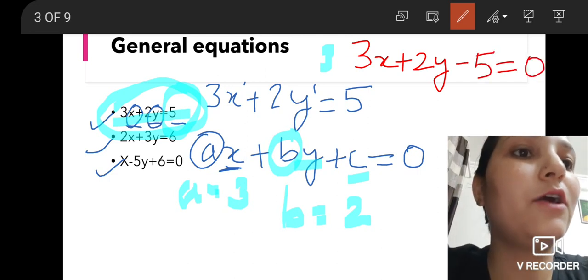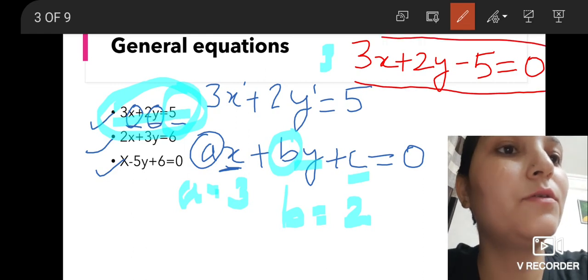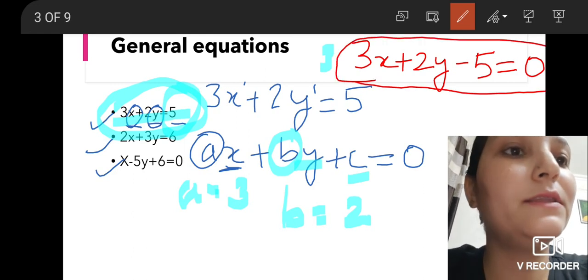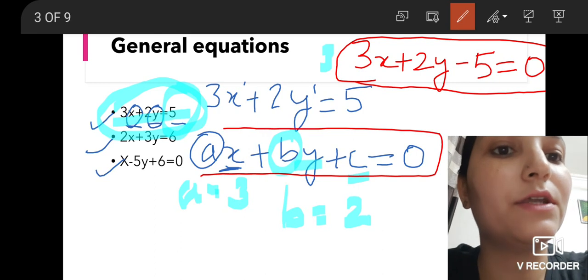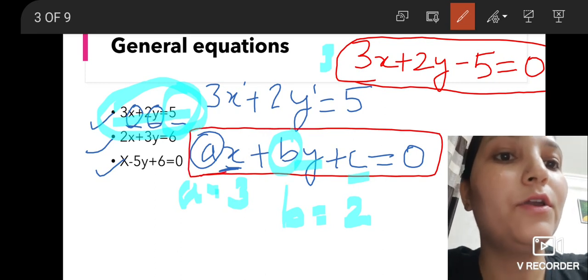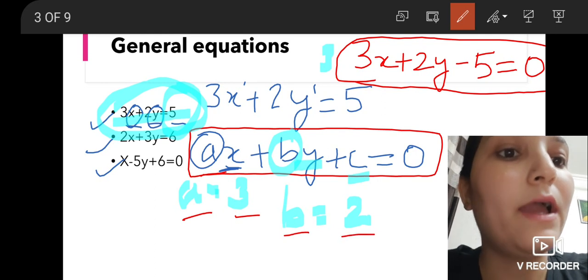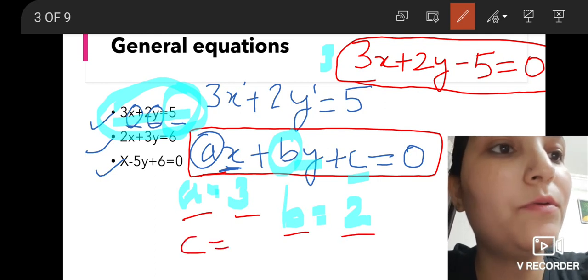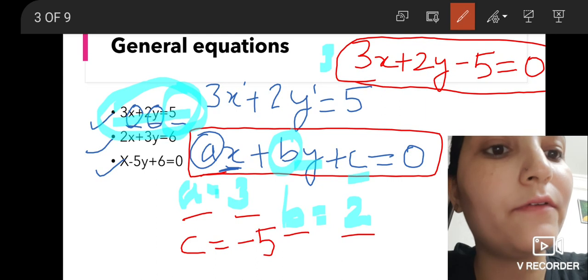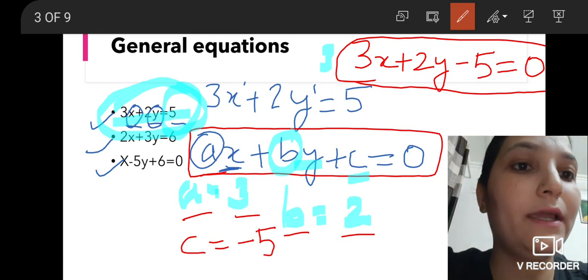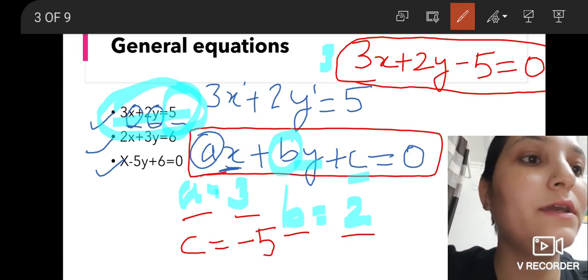Now this becomes a general equation. Now you can compare, and easily see that a is equal to 3, b is equal to 2, and c is equal to minus 5. So you can compare all the equations with the general equation and then recognize a, b and c.